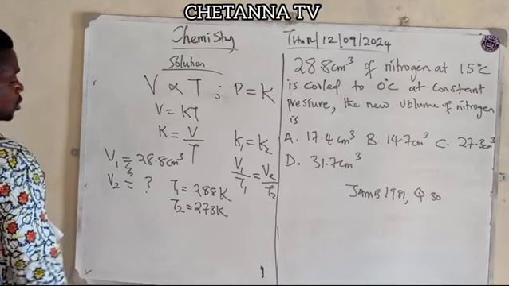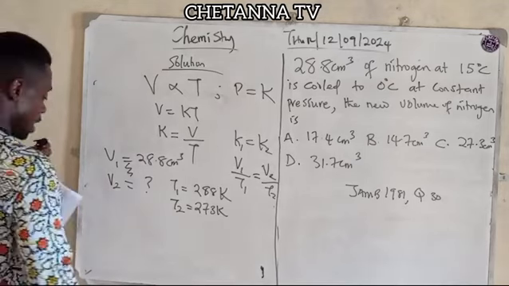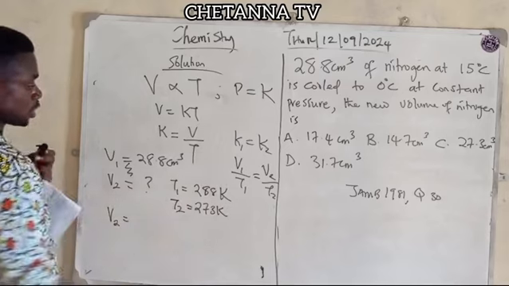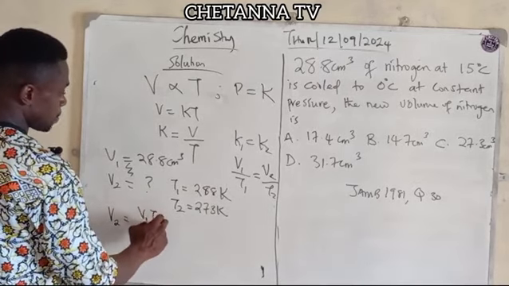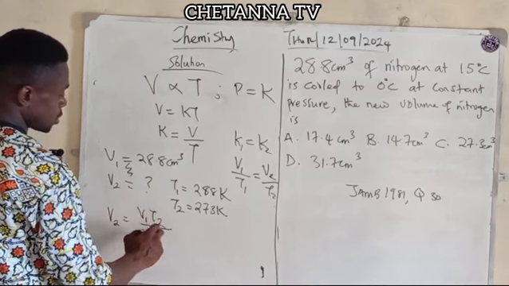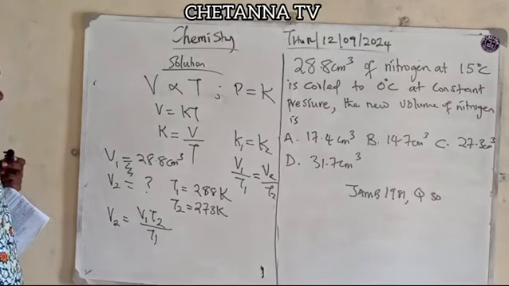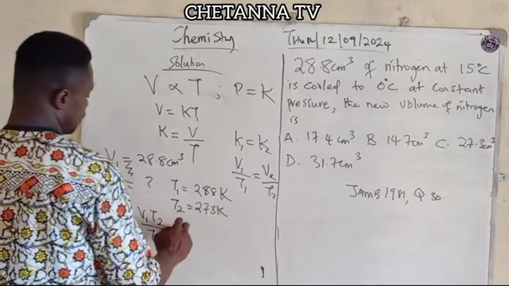So we substitute. First of all, we make V2 the subject of the formula. We cross multiply, so V2 is V1 T2 over T1. Good. So let's now solve.